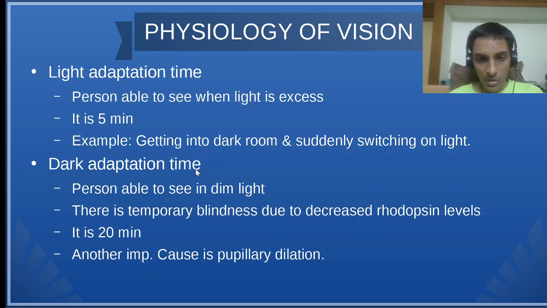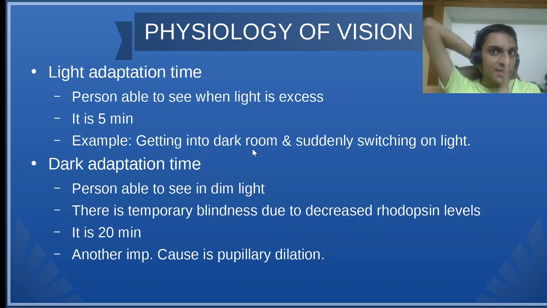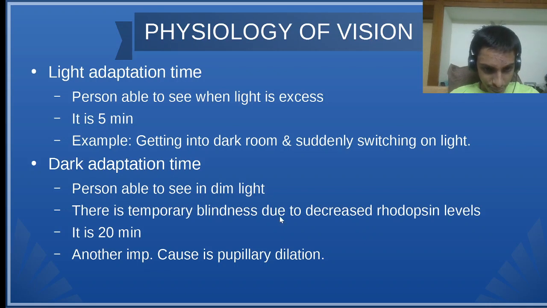So the best application we can see is especially the sea divers. In the night time they will be using red color goggles because red has more wavelength of light. And there will be temporary blindness due to decreased rhodopsin levels.